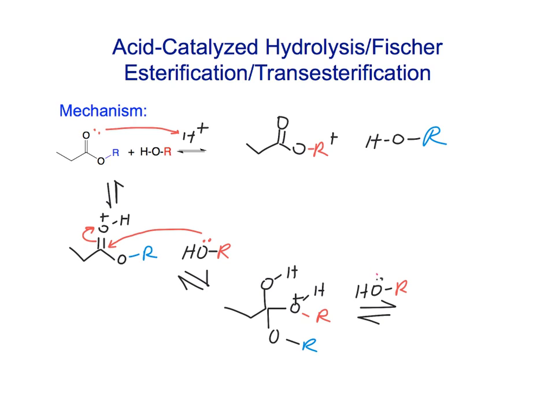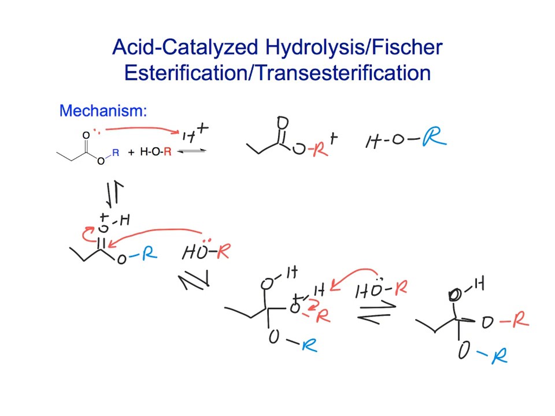So this one is just going to come in here, remove that proton, and we go to a neutral tetrahedral intermediate. One of the R groups is the red one, the other one is the blue, and the third group up here is the alcohol.